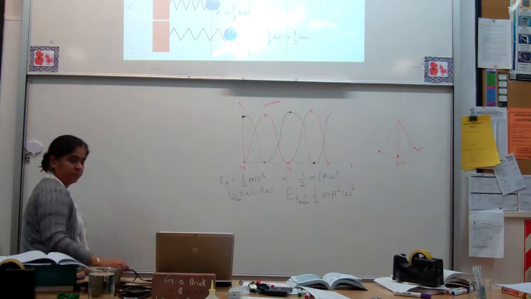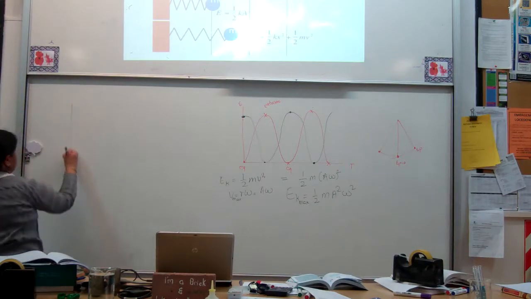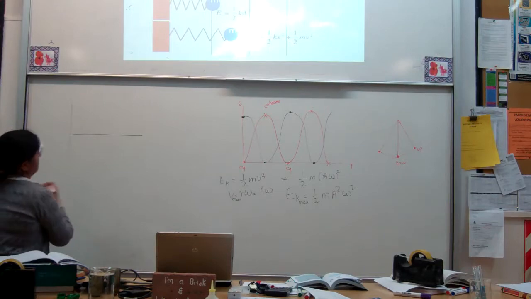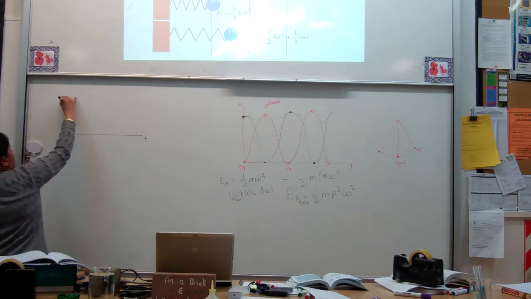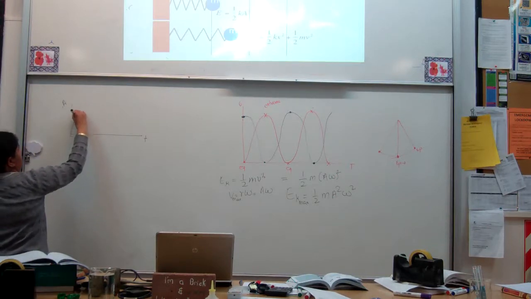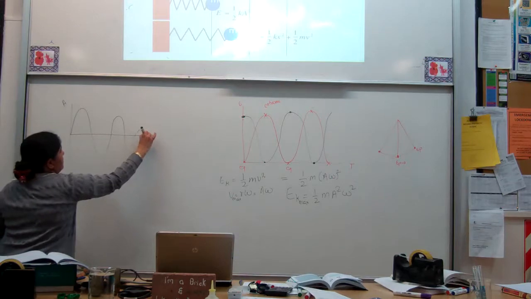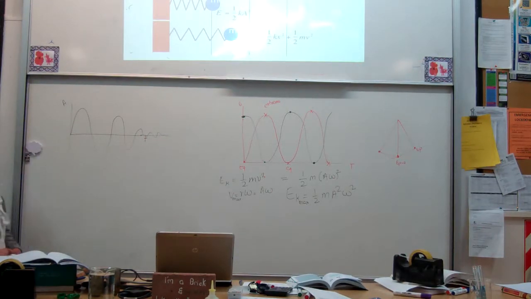Damping graph, easy. With time, and what's on this axis? Amplitude. So if you start like this, with time the amplitude is decreasing.